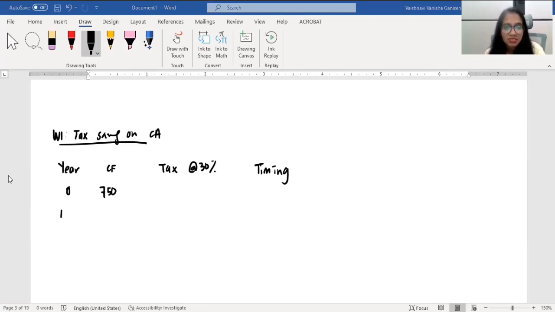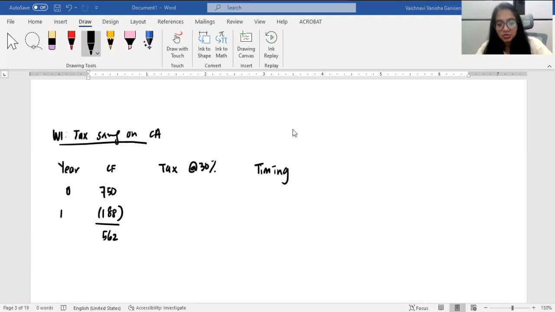So 25% multiply 750 is 188. 750 minus 188 gives 562.